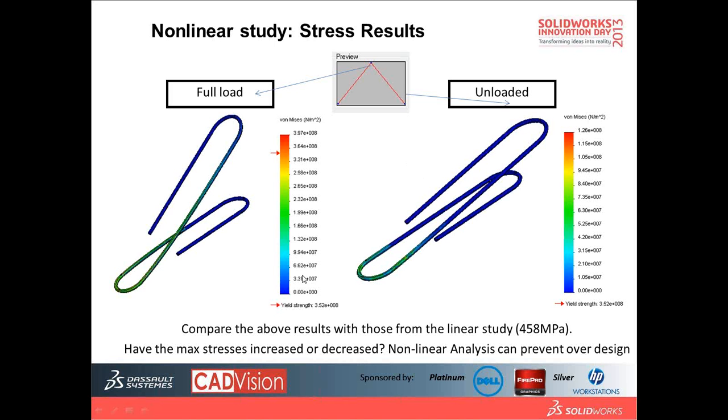Okay, so to compare the difference between linear analysis and nonlinear analysis, let's take one example. Let's compare the highest stress we have in the analysis. Right? So for linear analysis, we have 450 megapascal for the maximum stress. For the same material, same loading, same boundary condition, same mesh, a nonlinear analysis gives us around 400 megapascal.